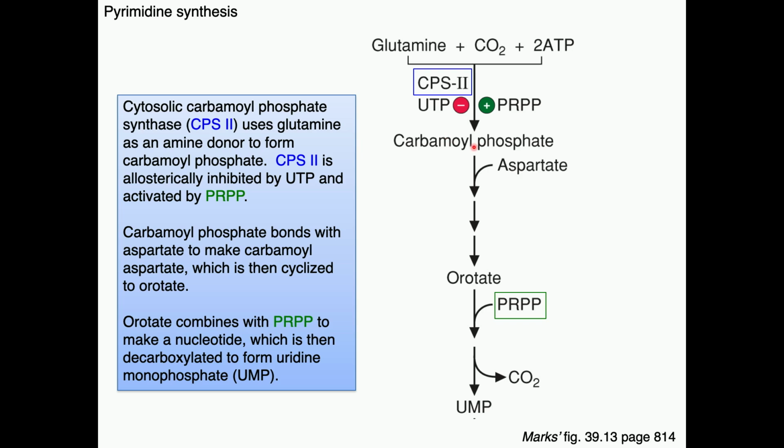Okay, so this carbamoyl phosphate then binds with aspartate, and that's basically the structure of that first ring, the single ring of the pyrimidine base. So this can get modified down to orotate. The orotate base then gets transferred onto the ribose sugar using that same phosphoribosyl pyrophosphate, and the product then is the uridine monophosphate nucleotide.